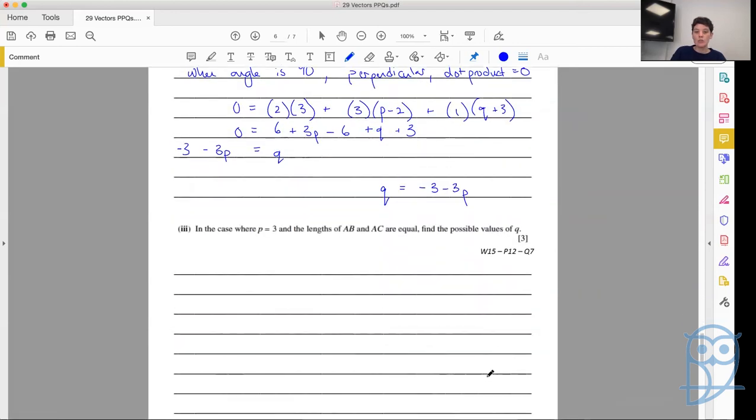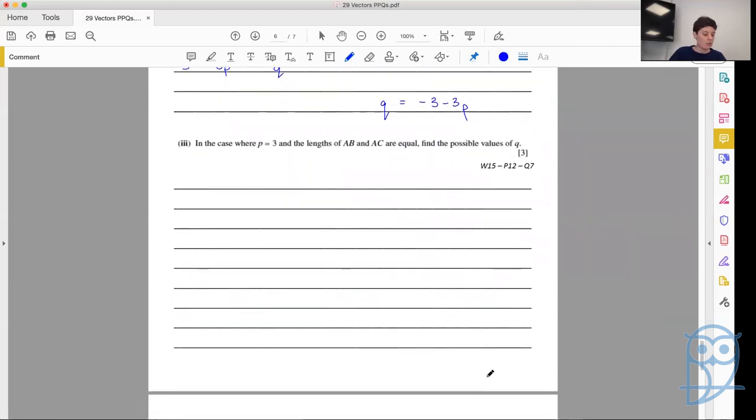If you want to work through part 3, your final answers for this one will be that Q equals minus 1 and Q equals minus 5. When your lengths are equal, it's all about magnitude being the same. And you've got a value for P, so you have one unknown, Q. So be very careful of your squaring rules and work through that solution using the techniques that we've used already in this lesson.